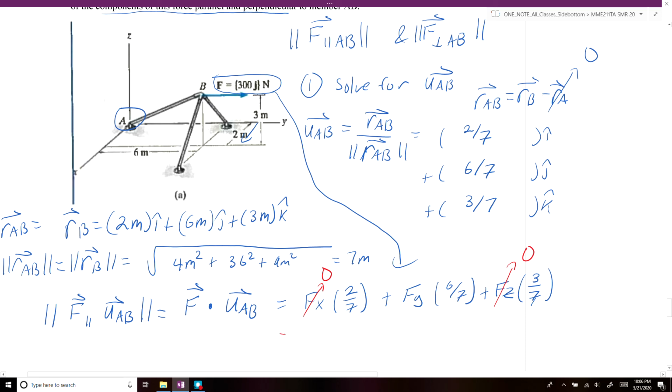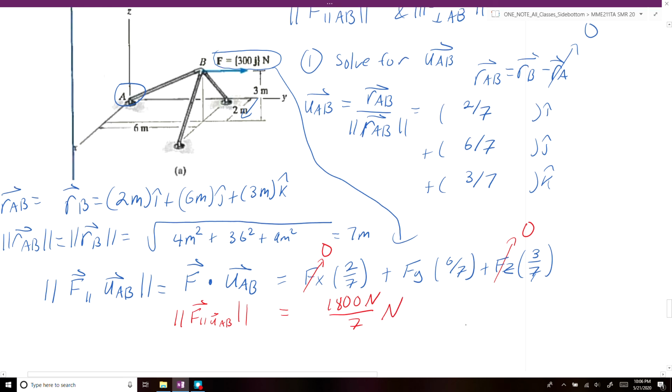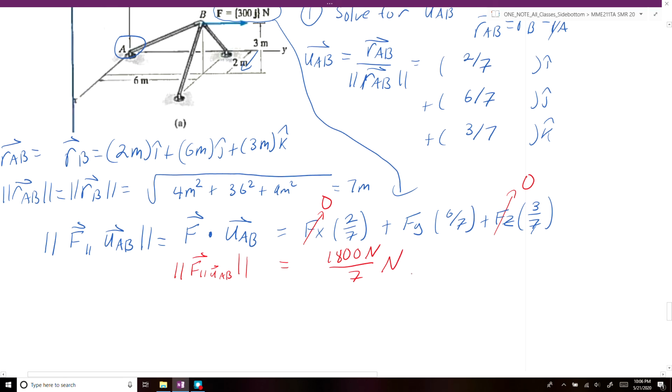If we plug that in, for our parallel component with UAB we get 300 newtons times 6/7, which is equal to 1800 newtons divided by 7. That's about 257.14 newtons, or 257 newtons.